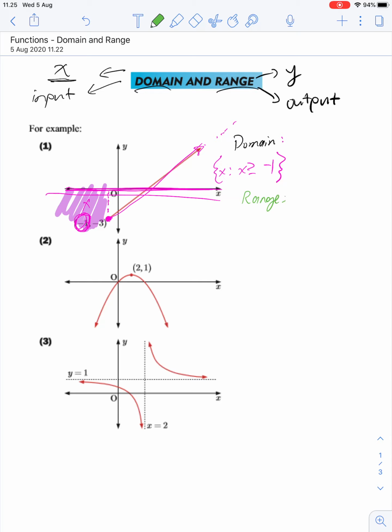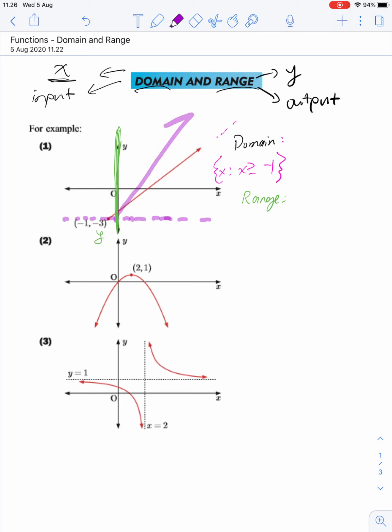Range. Range is just talking about your y values. So I'll go ahead and erase this. Your y values. That means you're just looking at values on this y-axis. Here, y is -3. You can see that it doesn't go past this point.